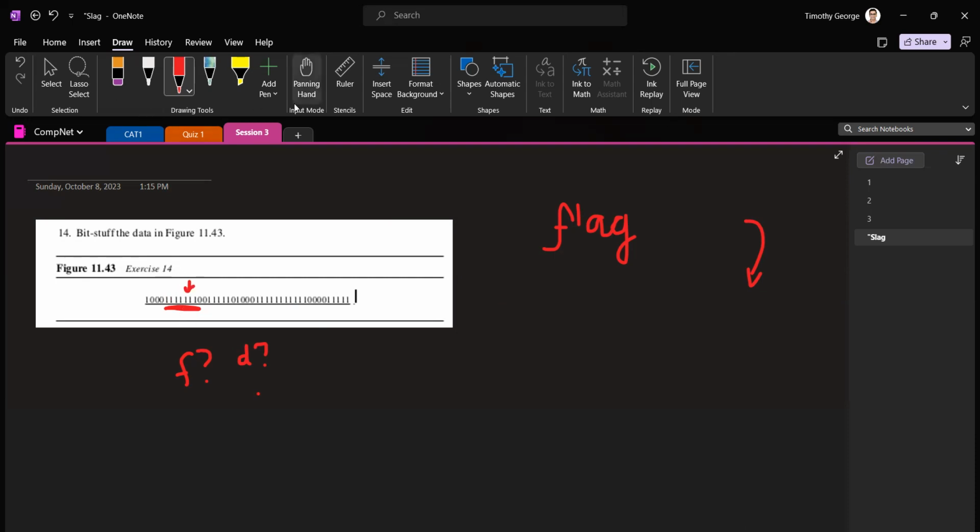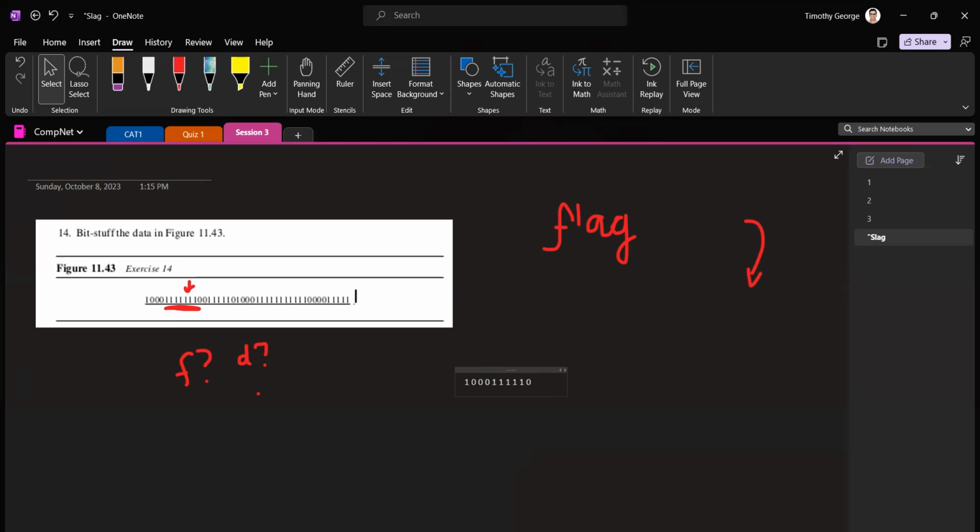So actually now the question becomes very simple. All you have to do is take your values. 1 1 1 1 1, and I think there are 7 1s. So after the fifth one, you'd have to add a zero. That's all.